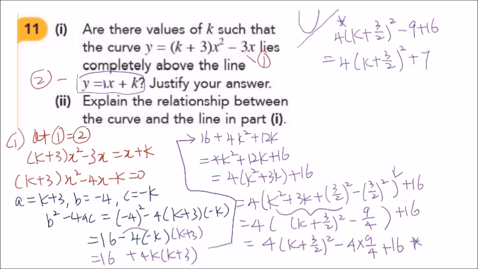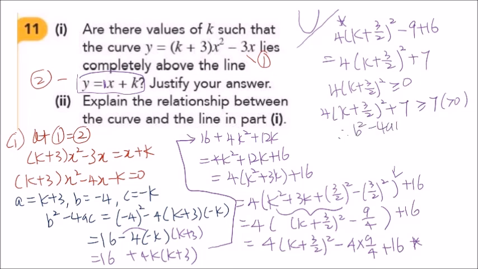Alright, so let's do some explanation. 4 bracket k plus 3 over 2 squared will be more than or equal to 0. So if you add a 7 to it, it will be more than or equal to 7, which is more than 0. So what we are saying here is the value for b squared minus 4ac is more than 0.